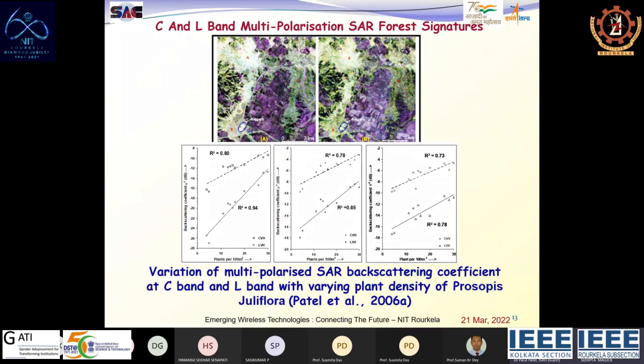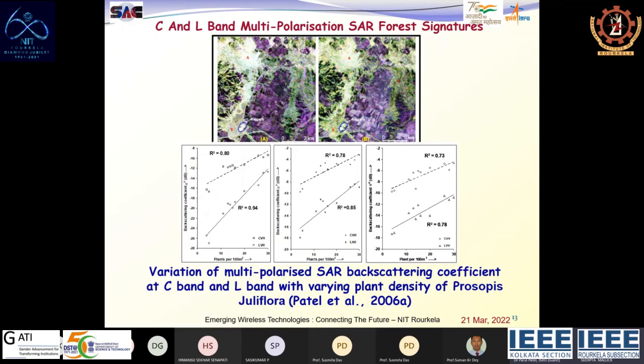And then plant density you can also measure using the multi-polarized signal at C band and L band. You can see the cross polarization. Typically, there is multiple scattering happening under a canopy, so you are able to extract more information because there is a lot of depolarization. When you illuminate the target with vertical polarization and sense back the signal in H polarization, you are able to get much higher accuracies.